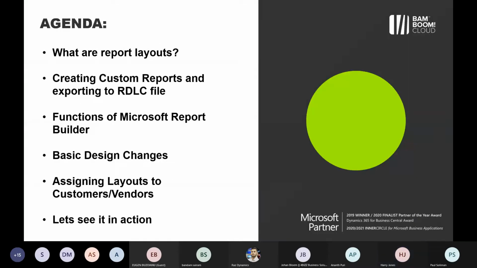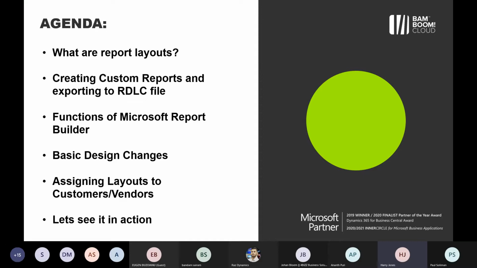So the agenda for today. We're going to cover what report layouts are, where you can find them, and what this covers. We're going to look at creating custom reports and exporting to an RDLC file. An RDLC file works with a system called Microsoft Report Builder, so we'll look at the functions of that as well.